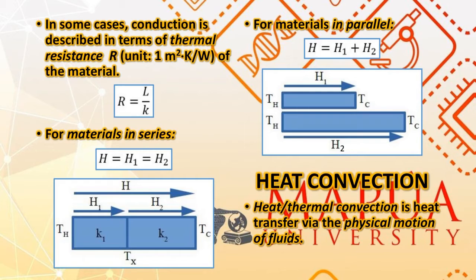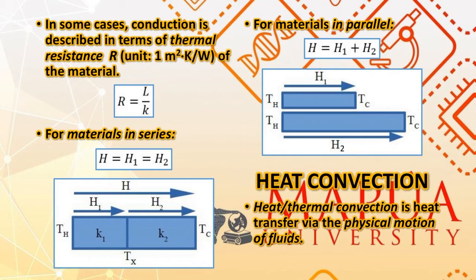You have TH on one side and temperature TC on the other side. Temperature between the two layers, the intermediate temperature, is Tx. The intermediate temperature Tx will adjust such that there's only one heat transfer rate for the object. H is equal to H1 is equal to H2.